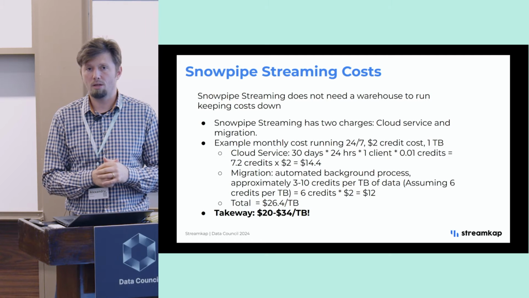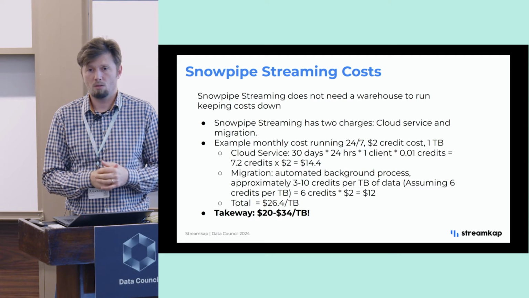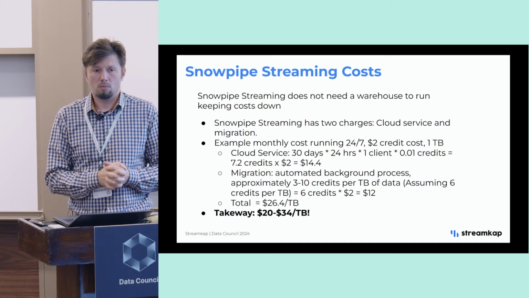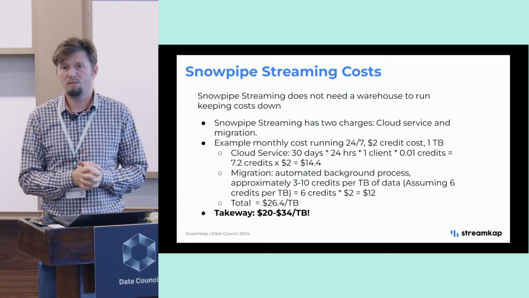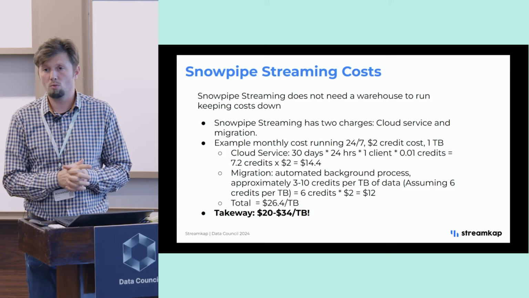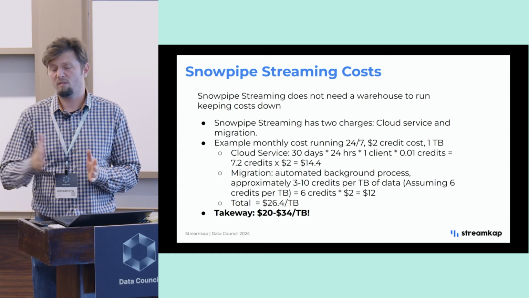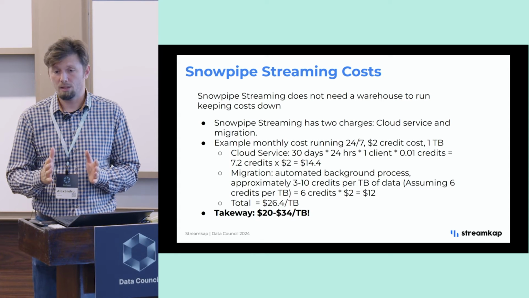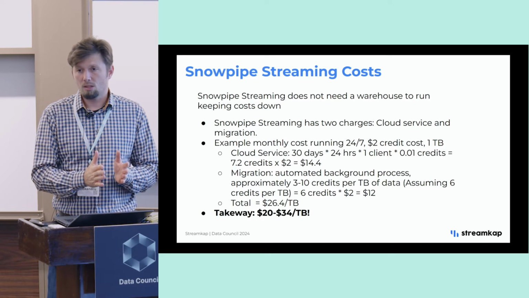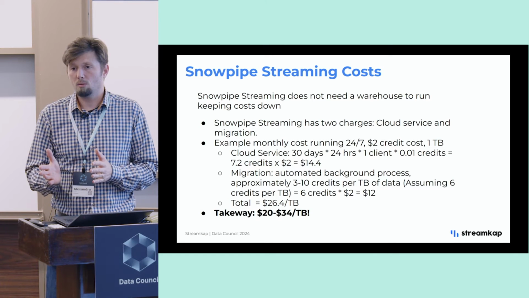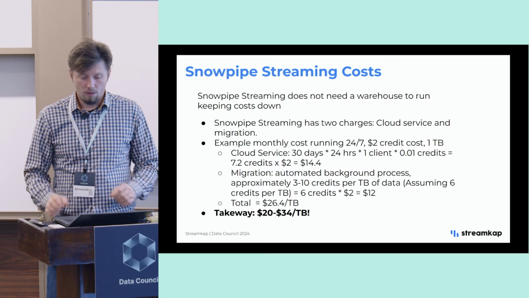Because they don't require any warehouse to be started. So if you have dynamic tables that are refreshed every 5 minutes, for example, you would only be billed every 5 minutes because billing is per minute. Snowpipe streaming doesn't require the warehouse to be running anything.